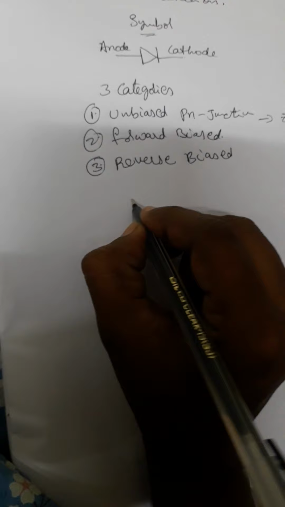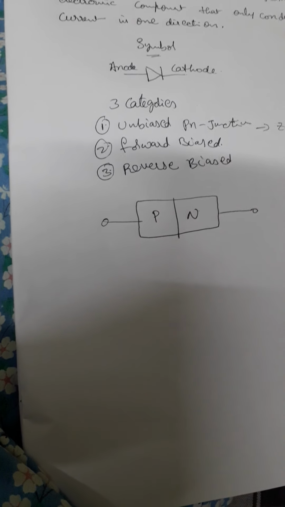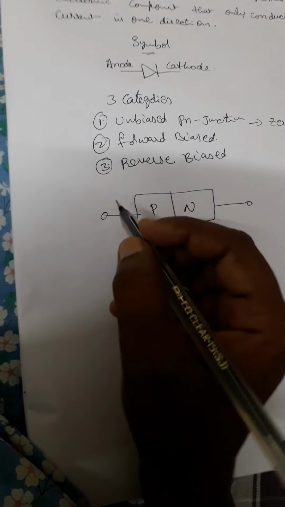Unbiased PN junction is also known as zero bias. What is zero bias? No external voltage is applied to the PN junction diode. The diagram of the PN junction is like this: P and N. What is P-type material and what is N-type material?